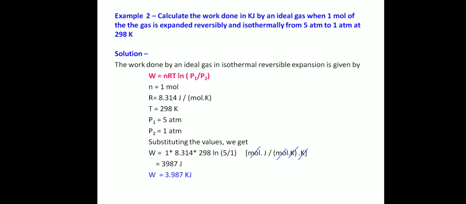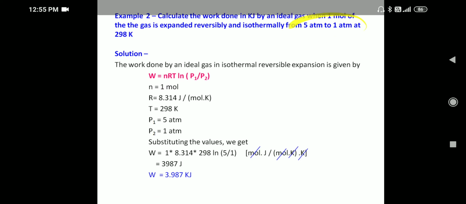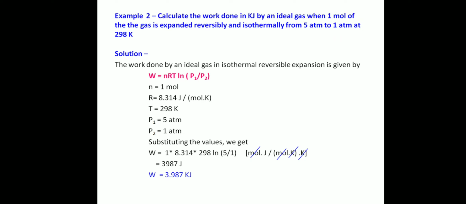So the pressure changes. The initial pressure P1 is equal to 5 atmosphere and the final pressure P2 is 1 atmosphere, and the temperature is given, that is 298 Kelvin. So T, P1, P2 and n are given, and we have to calculate the work done in terms of kilojoules when the gas is expanded reversibly and isothermally.